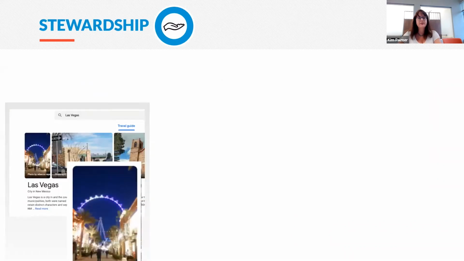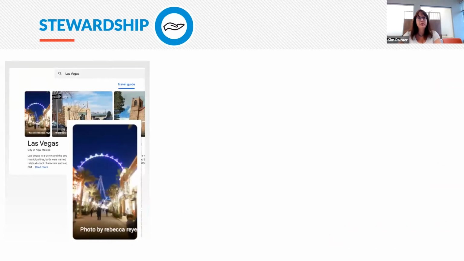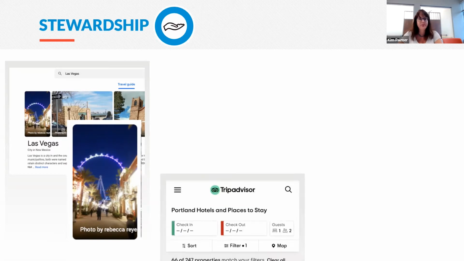First is stewardship. Now, stewardship is where we ask the question: if you're not paying attention to how your destination is represented online, then who is? Because if you're not, you can find situations such as Las Vegas, New Mexico, where their lead photo in Google Travel was one from Las Vegas, Nevada.